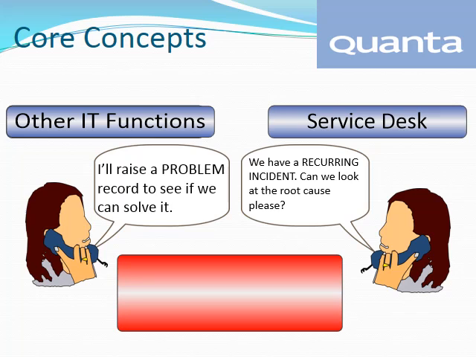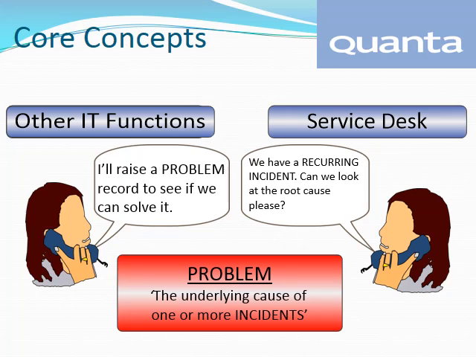And probably technical management or applications management here are saying they're going to raise a problem record to see if they can resolve it. So where the incident was the break in service as seen from the customer, we're now going to raise a problem record, and the problem is the underlying cause of one or more incidents. An incident is not a problem, and a problem is not an incident.